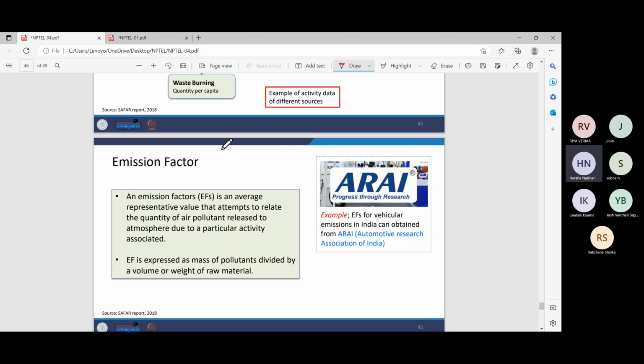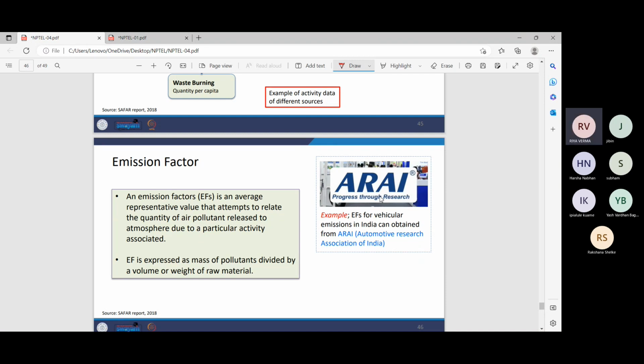Amongst agriculture sources, industry sources, and vehicular sources, which is most polluting in India? Okay. Amongst agricultural, vehicular and industrial, right? See, Harsha, it depends on the site that we are considering.